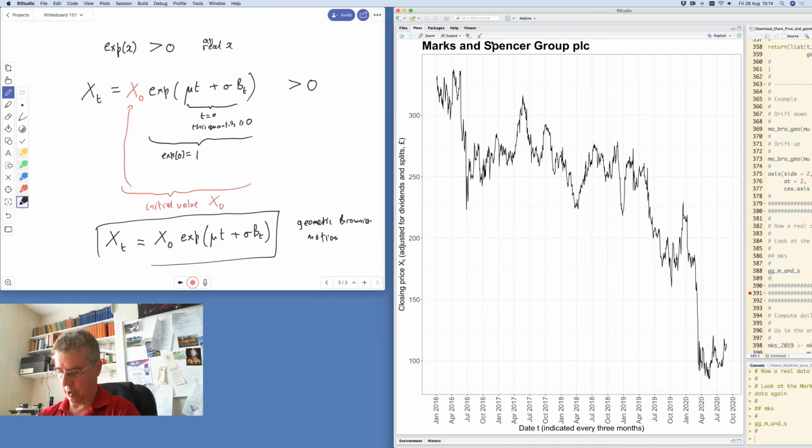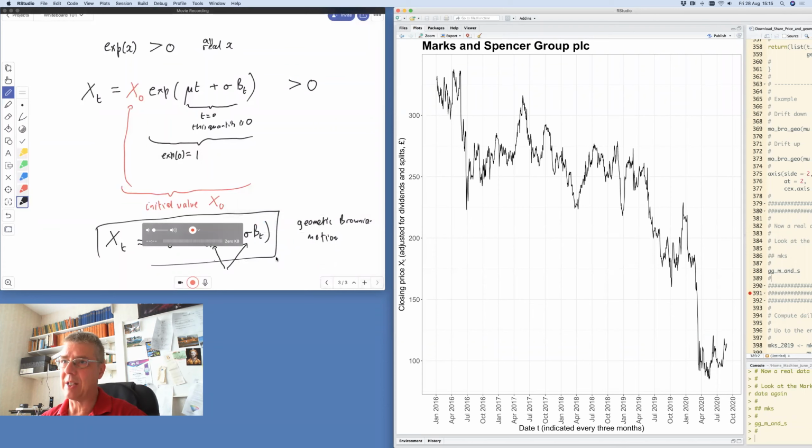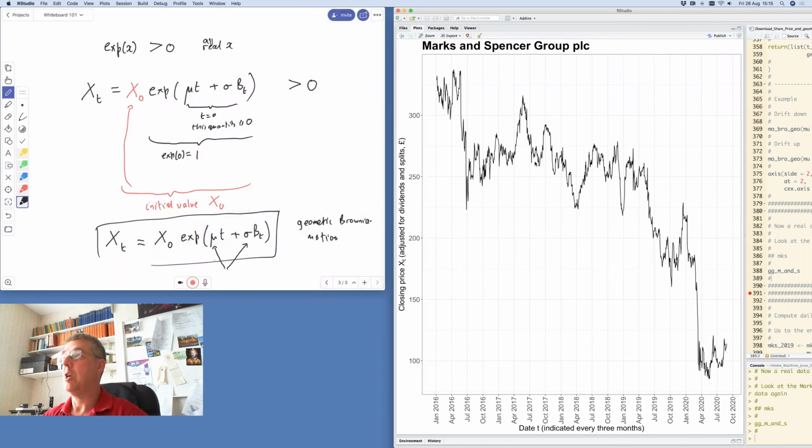And what we're going to do now is try and think about how we can estimate the parameters mu and sigma of our model from these data. So which value of mu and sigma correspond to these data from the Marks and Spencer's share price?